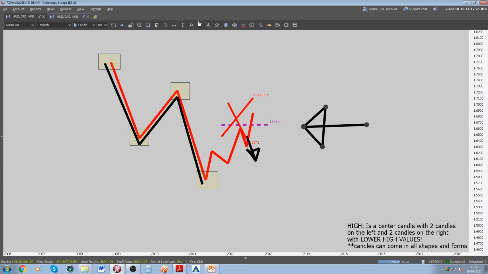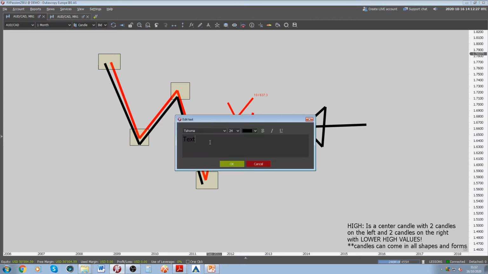Okay, so trading rule 101: always put your stop loss on the pattern traded. Period, end of story.